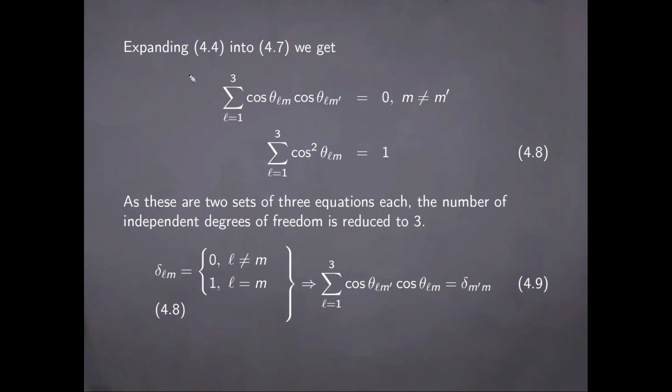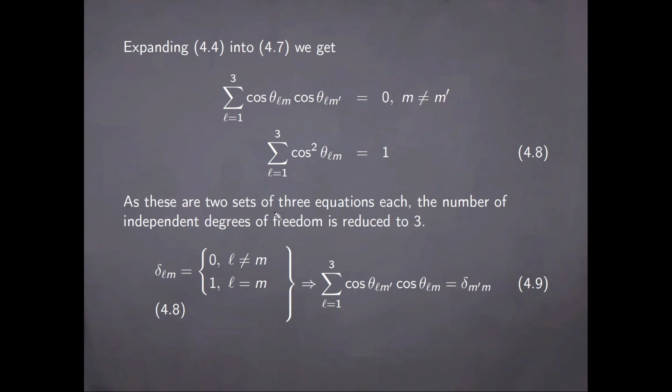So now if we expand equation 4.4 into 4.7, we get the following two sets of equations. The first one says that if we sum over products of direction cosines having different indices, we obtain 0, whereas if we sum over squares of direction cosines having a fixed index, we obtain the value 1.